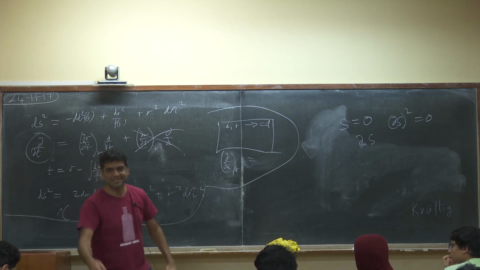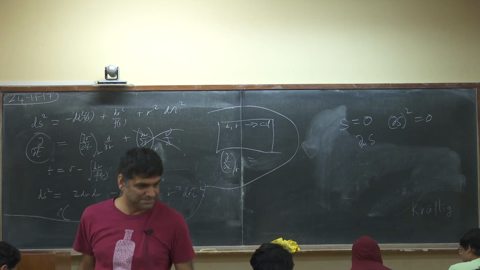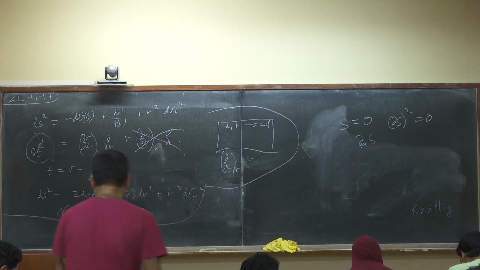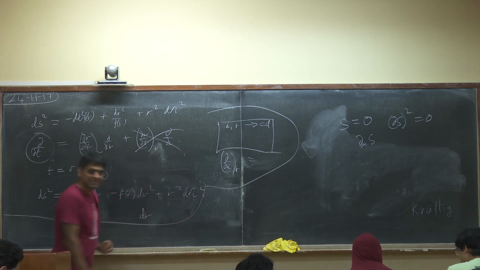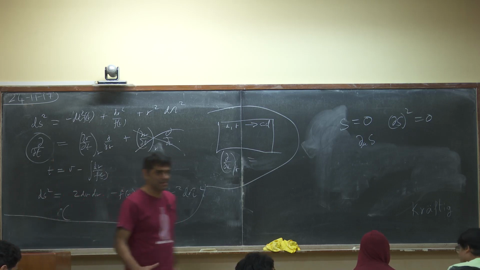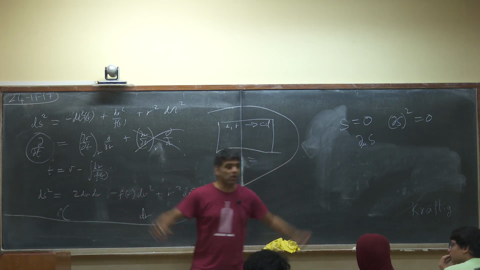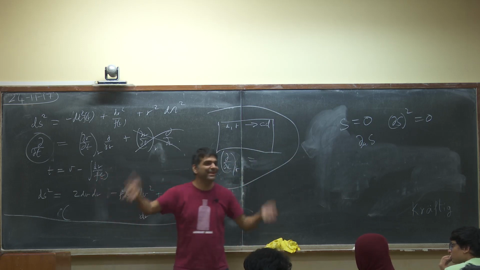So lines of constant v, theta and phi are null. In fact, they're null geodesics. So this coordinate system was, geometrically speaking, adapted to a congruence of null radial ingoing geodesics.